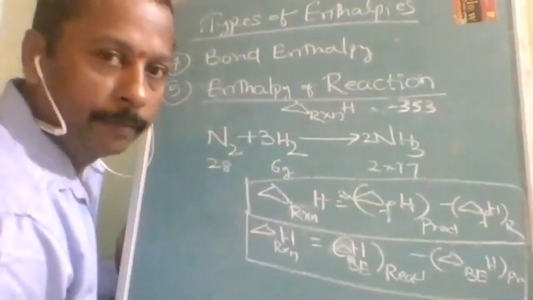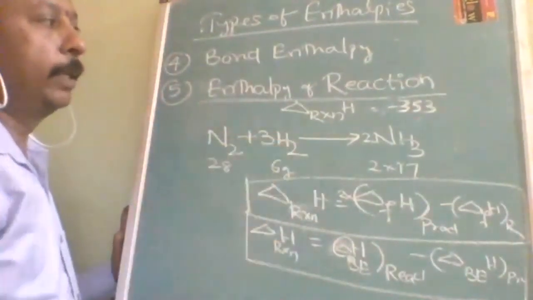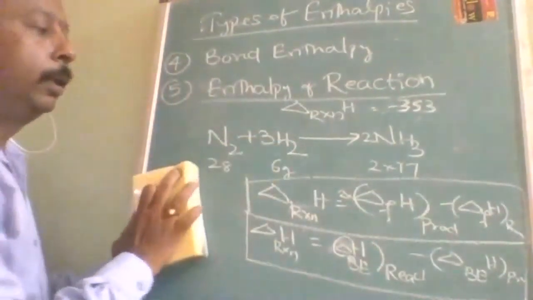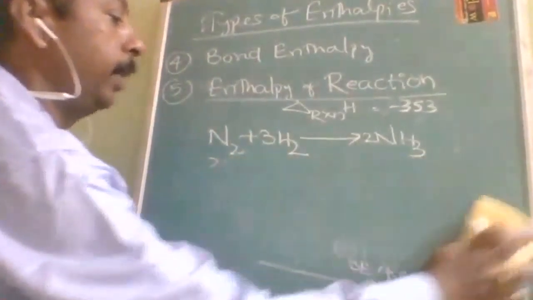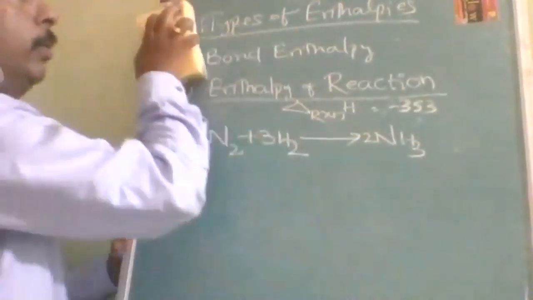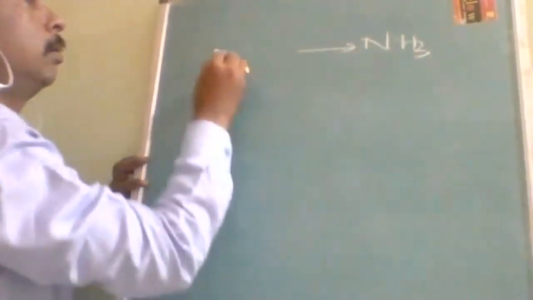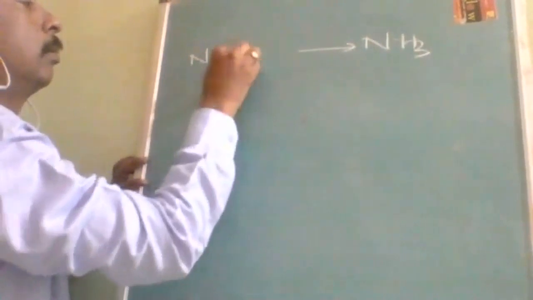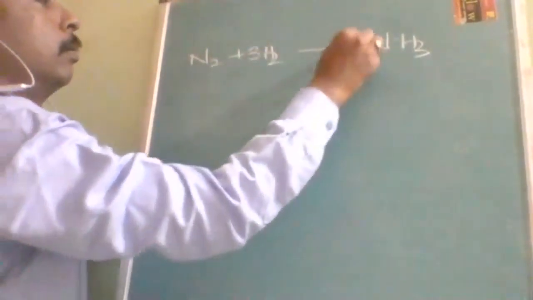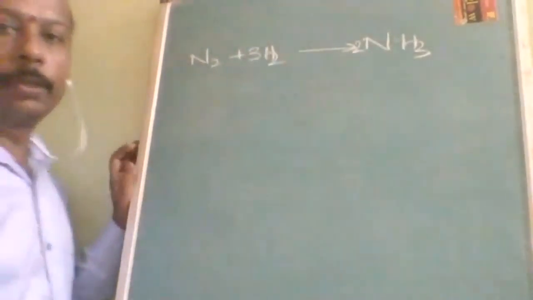Now this is about the enthalpy of reaction in terms of bond enthalpy. I will explain this with the same example, but in detail. The reaction is the same, but depending on the information you have, you have to modify your formula. One example I am taking: 2 moles of NH3.